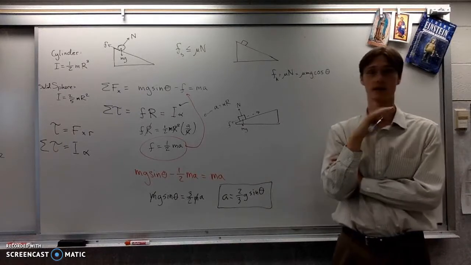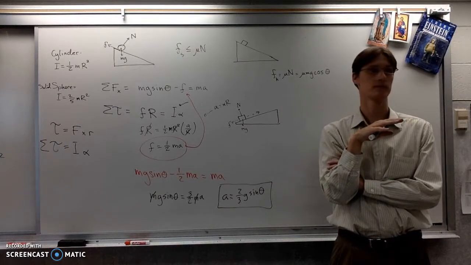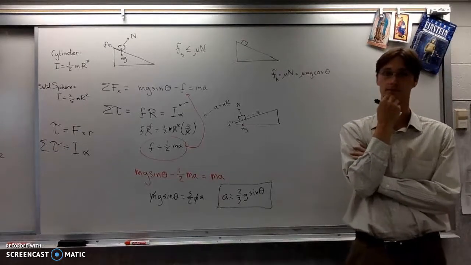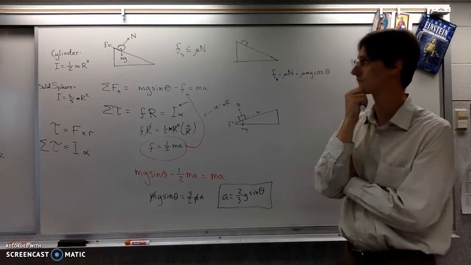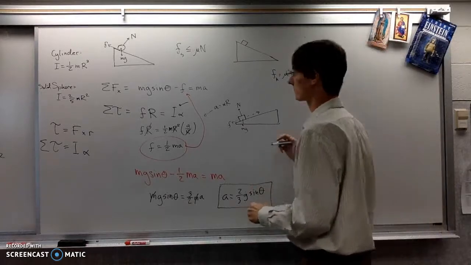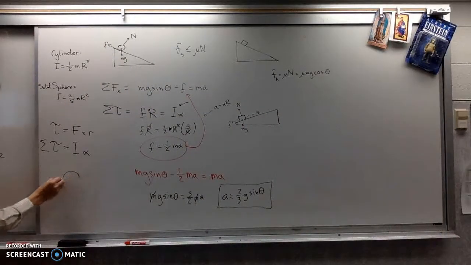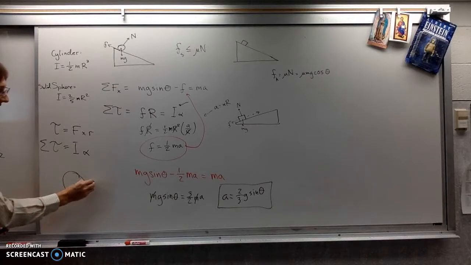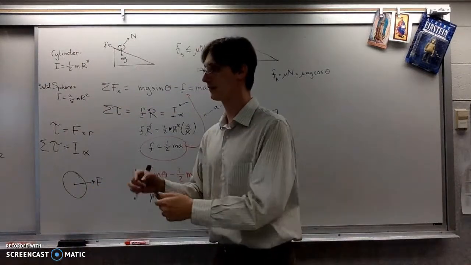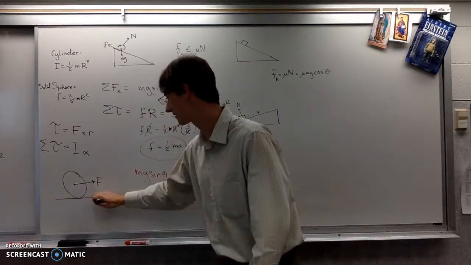Any other questions with this, for your benefit or the people who might be watching later? For a cylinder rolling just on a flat surface, which way is the friction? It depends. Let's say we had a cylinder, a wheel, with an axle down the middle, and we pull this way.